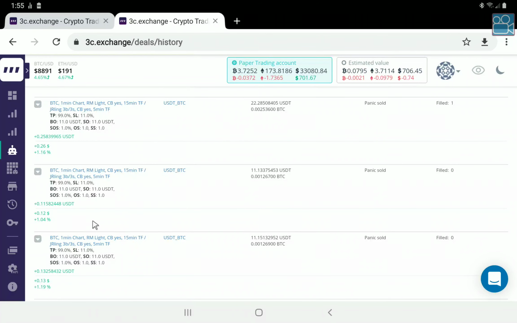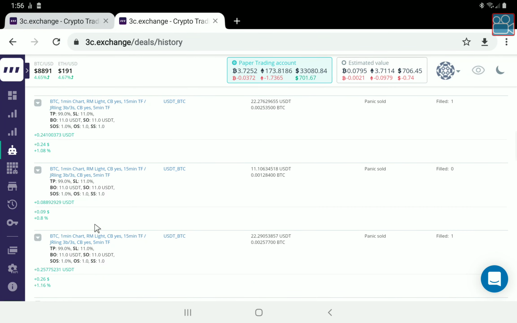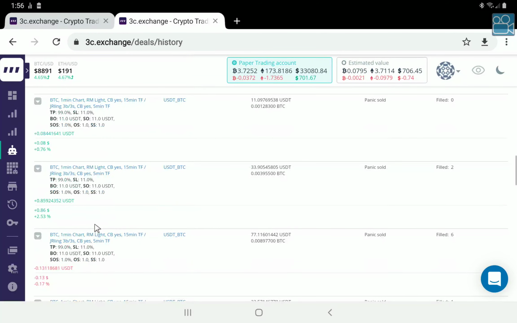And it has a really good way of picking a good entry point. So if you were to take this up to the 100% safety orders, it would be as good as the savings account bot that I'm going to show you next.